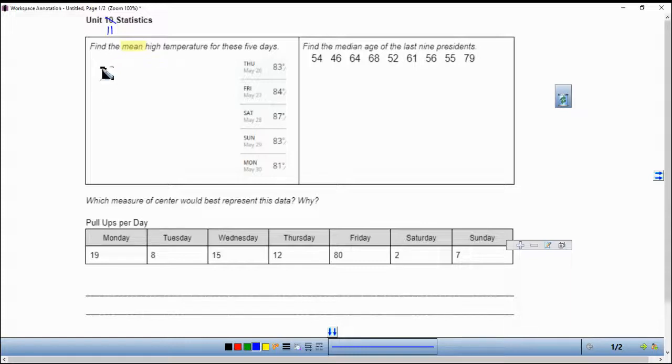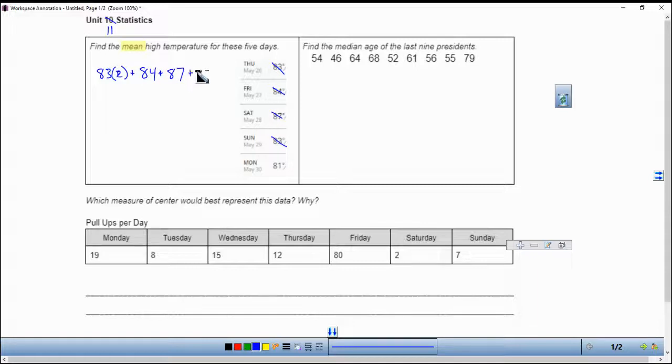To find the mean, we're going to add up all the data points. There are two 83s, so I'm actually going to do 83 times 2. You could add these up individually, but since there are two 83s, I'm going to add that one up separately using times 2. And notice I'm crossing the numbers off just to make sure I've included each one.